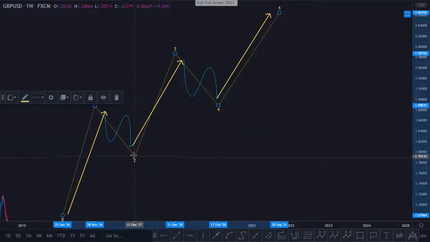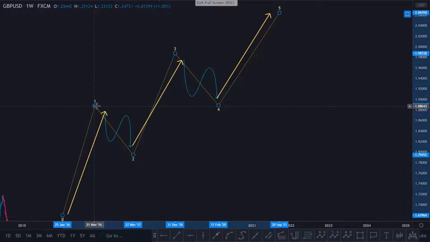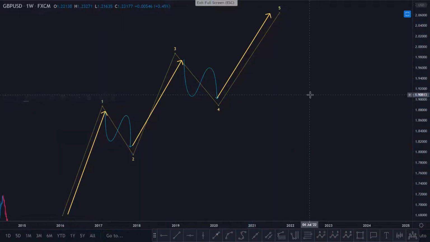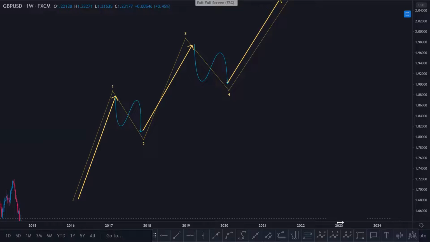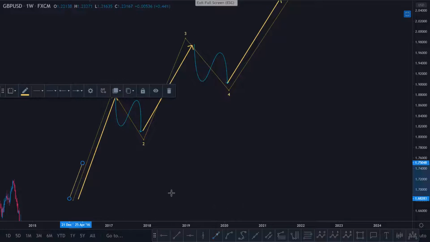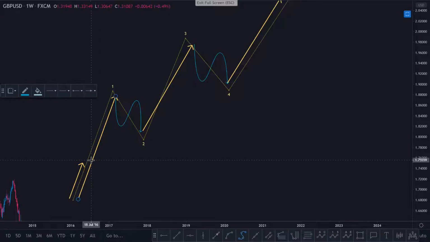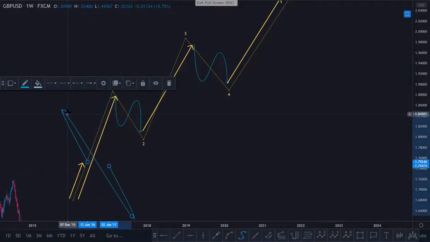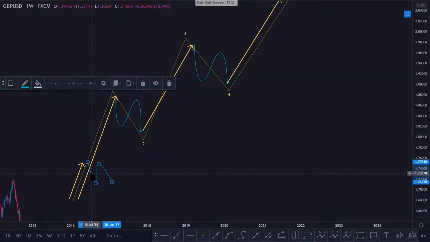But back to what I was saying about fractals, how we have a 1, 2, 3, 4, 5, but each of these waves itself will be broken down into smaller price waves. Something along these lines.